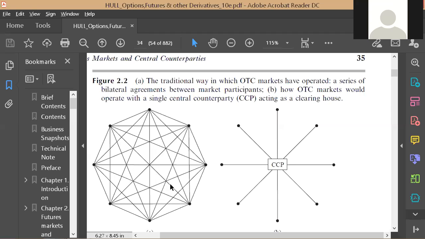So this created a lot of fear and panic in the market, and many markets froze up.